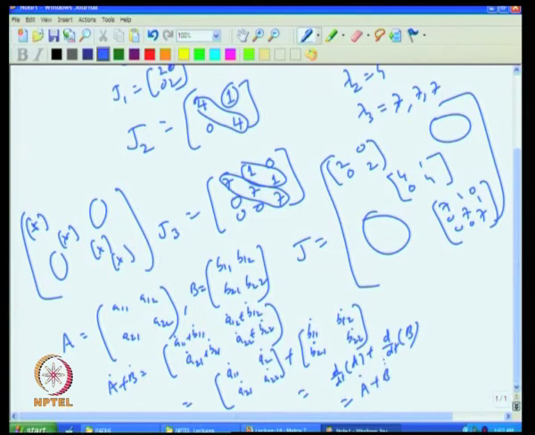So, simply from definition we are able to show this.